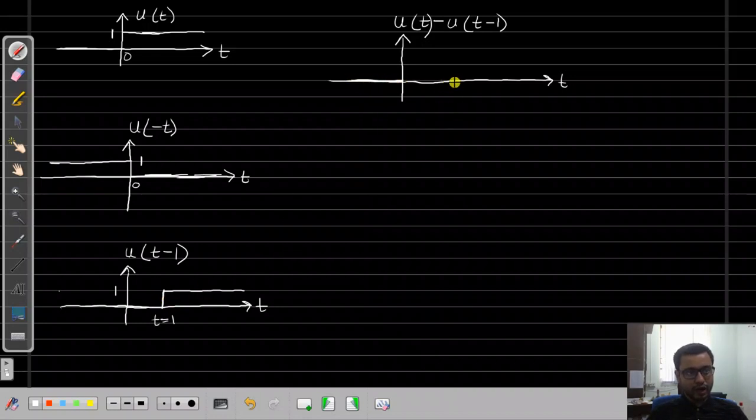After t equal to 1, this is 1, this is also 1. So the difference here will also be 0. But in the region 0 to 1, the difference between this and this will be 1. Because this is 1, this is 0, 1 minus 0 is 1. So this is how this signal will look like, a box. This is sometimes called a gate signal.